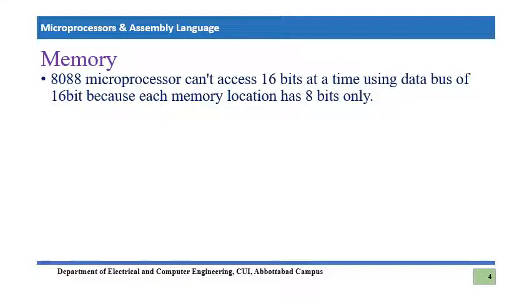So in total, 2 bytes of information are accessed in every machine cycle by this microprocessor. If we summarize, the 8086 or 8088 microprocessor accesses 2 bytes simultaneously, and these 2 bytes are commonly known as a word. Out of those bytes, which one will serve as the least significant byte and which one as the most significant byte?